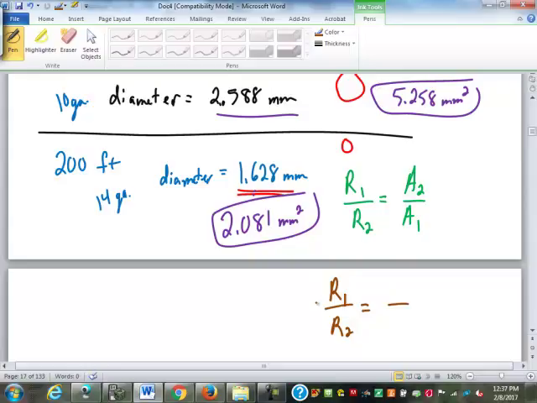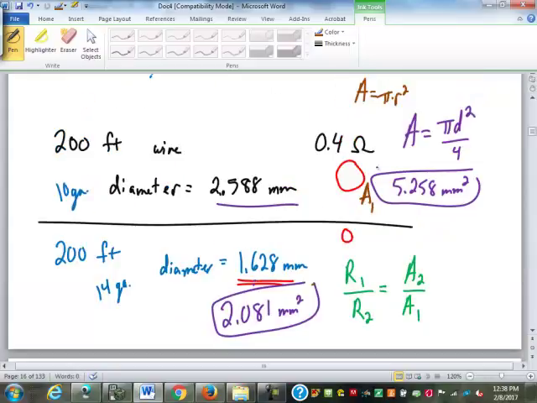So now R1 was 0.4 ohms. Area 2 goes up here. That's going to be 2.081. It's area 2. This is area 1 because it goes with what we used for R1, 0.4.